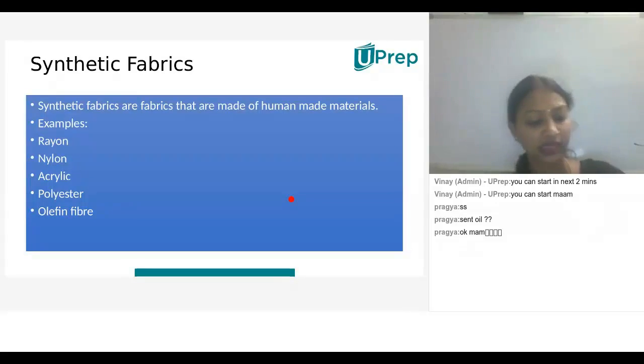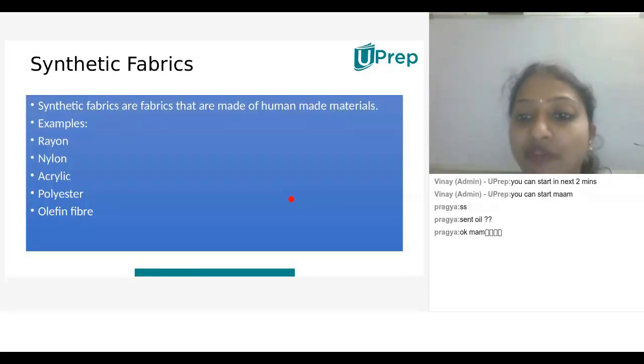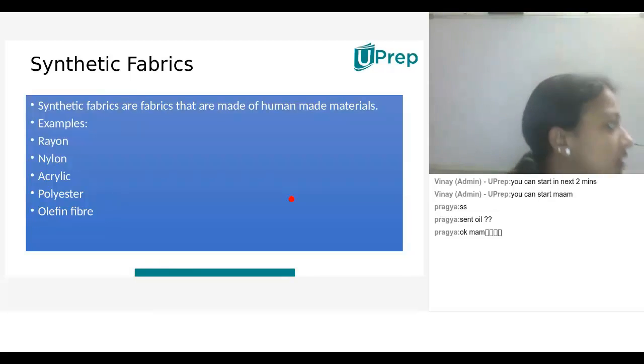Olefin fiber is a kind of natural synthetic fiber. Olefin is nothing but a carbon hydrogen fiber. It is prepared from the combination of carbon and hydrogen with different components and different reagents.